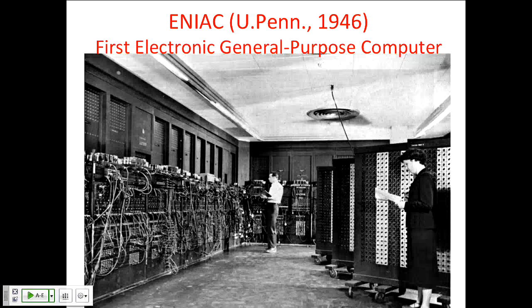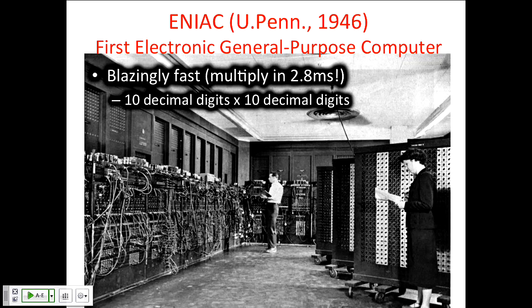Well, I want to go back in time. So this is a real picture of a real computer, not a fake. This is a real picture. This is ENIAC. And ENIAC was the first electronic general-purpose computer. It did everything electronically, which meant it was really, really fast compared to earlier computers, which had mechanical pieces in them. Okay? And it was so fast, it could do a multiply in 2.8 milliseconds.